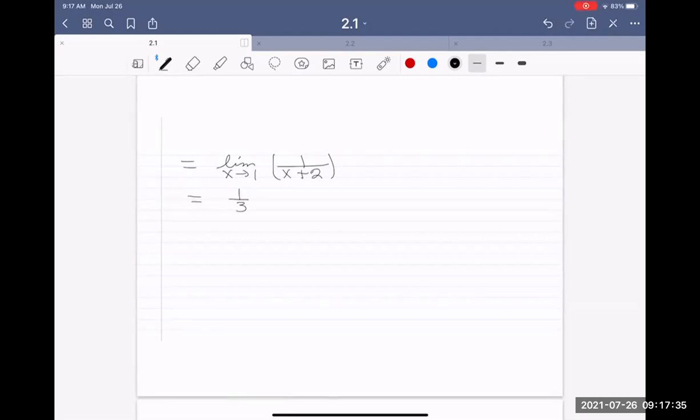Okay, so therefore, the slope of my tangent line is 1/3, and the point on the tangent line was given as (1, 1).